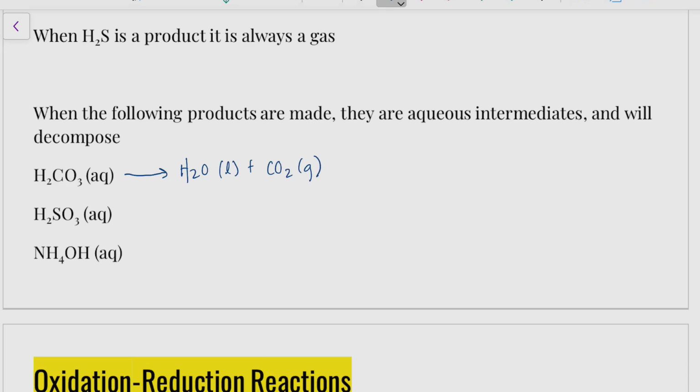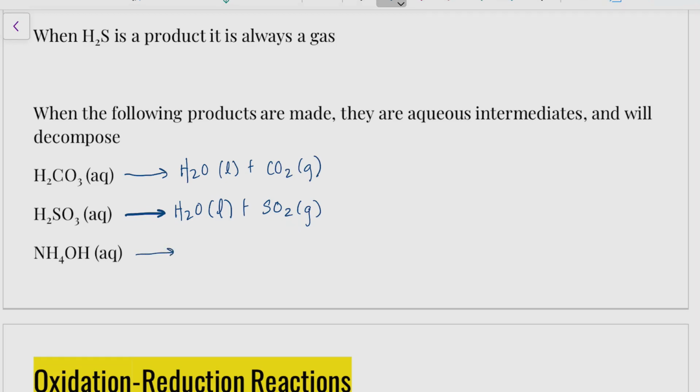We have 2 hydrogens, 3 oxygens, but instead of carbon, we have sulfur. So we can see a pattern here, and we're also going to form water, but instead of carbon dioxide, we're going to form sulfur dioxide. Okay, again, small covalent compound is a gas.